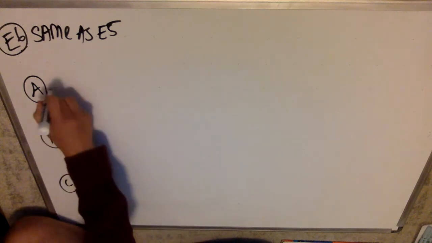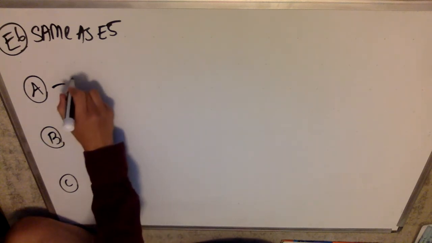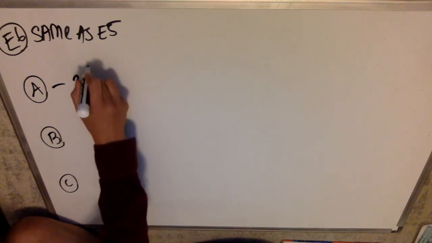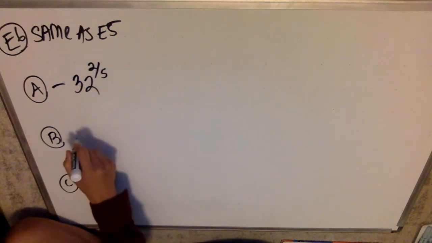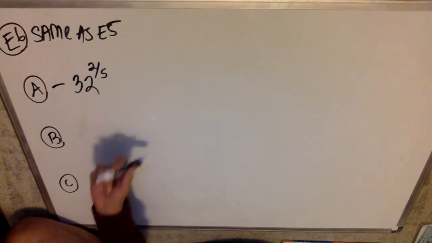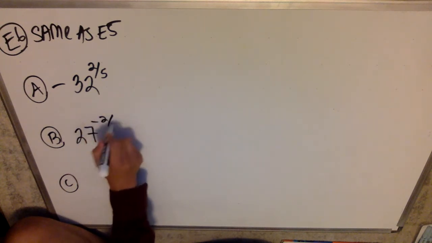All right, so let's do, we'll put a negative in front of a 32 to the 2/5. Let's do a 27 to the negative 2/3.